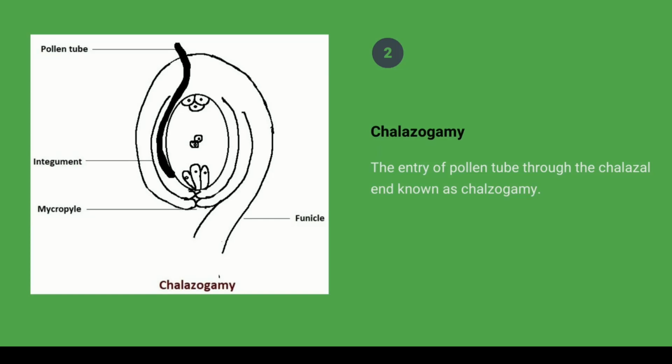As shown in the figure, the micropylar end is closed and the pollen tube is entering from the chalazal end, and through one of the integuments, the pollen tube will fuse and release the male gametes inside the nucellus or inside the female structure. This is the second one, chalazogamy.